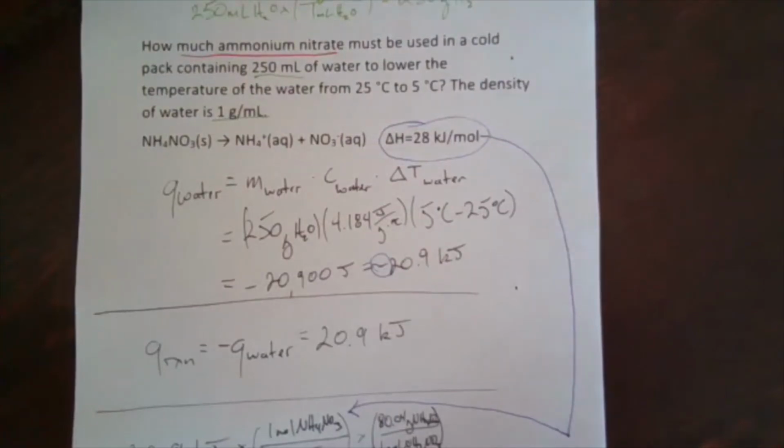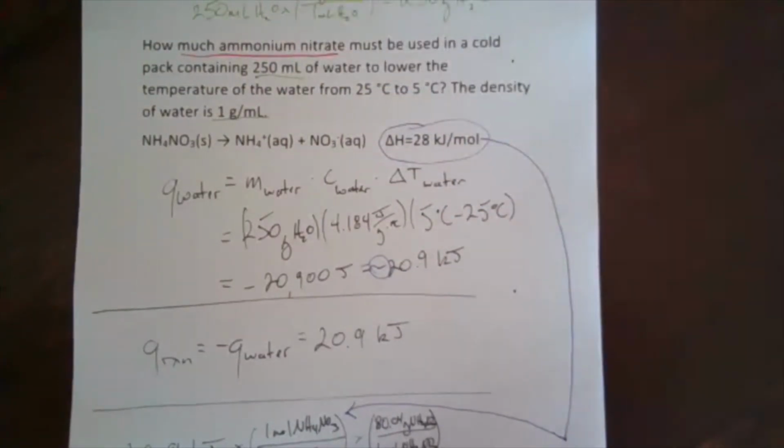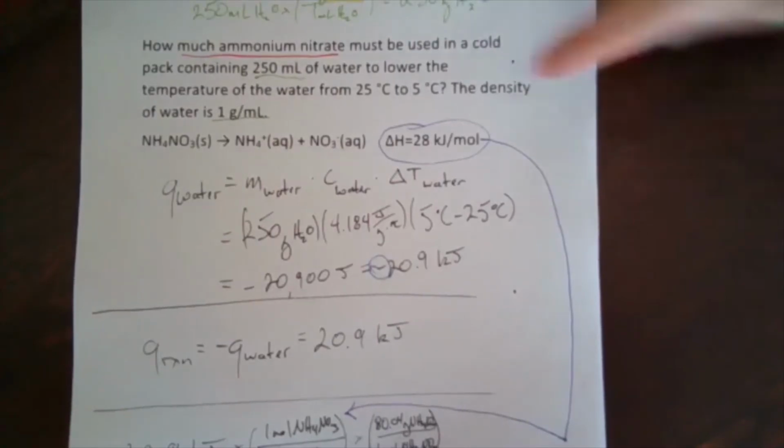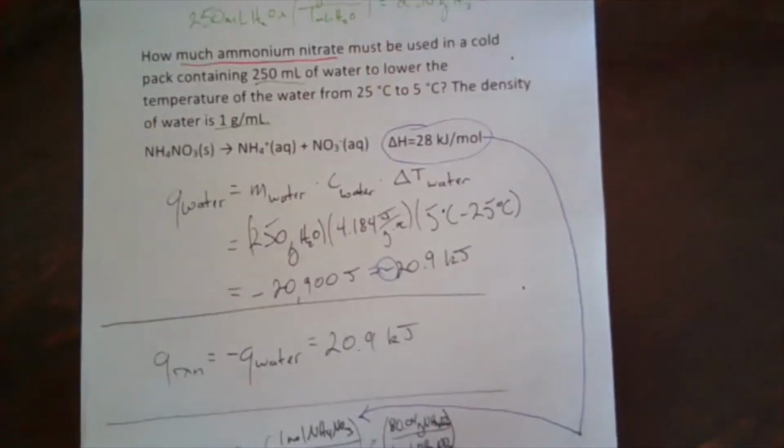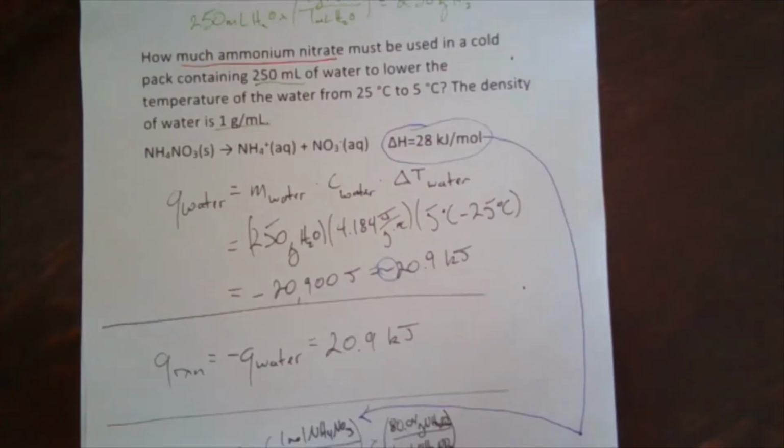And so 60 grams of ammonium nitrate with your 250 grams of water, if that all dissolves in there, your water will go from 25 degrees Celsius, about room temperature, down to 5 degrees Celsius, which is quite cold. That would give you the cold pack effect that you are looking for.